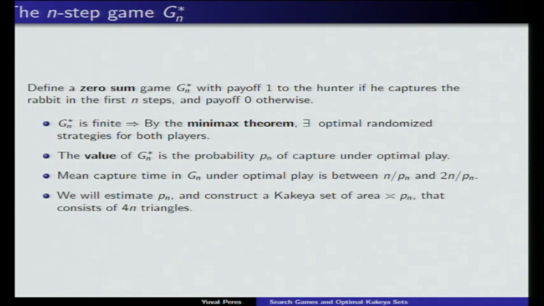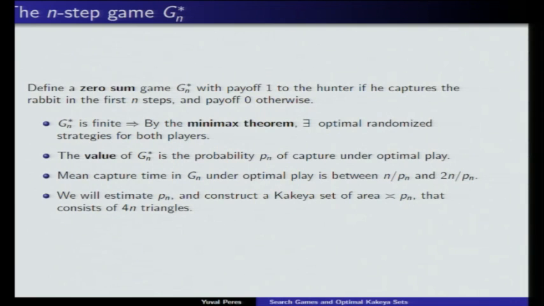So he plays optimally for the first n steps, so he has probability of capture p. Then if in the next round he's told to start at some random site, he will waste a round of at most n steps to just walk slowly to the next location he's supposed to start. And then, in the third round, he will capture again with probability p and so on. So by wasting a factor of 2, he can ensure capture in time 2n over p.